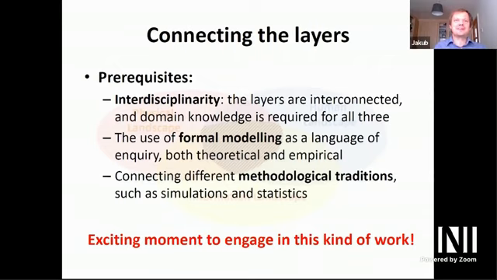What's our reflection on the ability to connect the different layers of the landscape through modeling? I think the main take-home messages are, first, that the layers are interconnected, but there is the need for domain knowledge for all three layers: different for physical, different for human, and different for information. This is a great call for interdisciplinarity in such modeling endeavors.